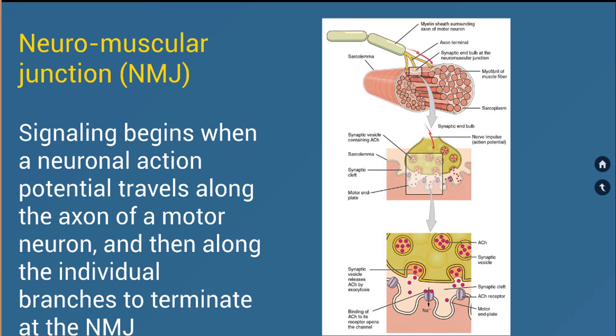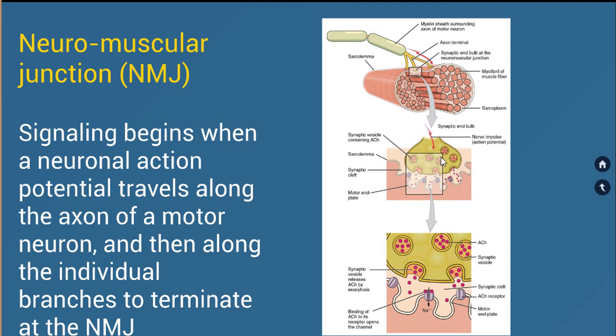Signaling begins when a neuronal action potential travels along the axon of a motor neuron and then along the individual branches to terminate at the neuromuscular junction. We will examine this question about the neuromuscular junction, about the synapse, in our next lecture.